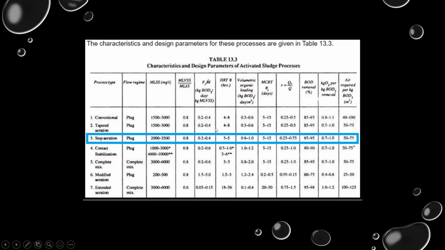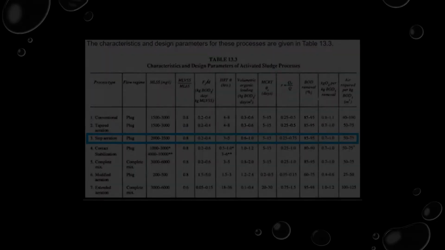At ang detention time ng step aeration is around 3 to 5 hours. Yan nga, no? At ito ang return sludge ratio na naglalaro sa range na 0.25 to 0.75. At ang kanyang BOD removal percentage is around 85 to 95%. Okay?